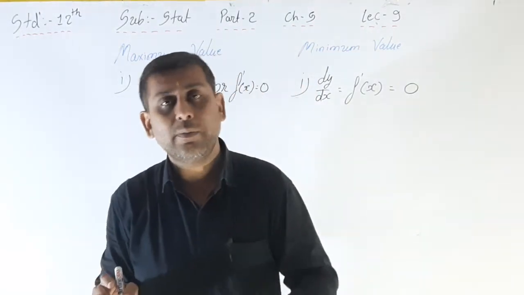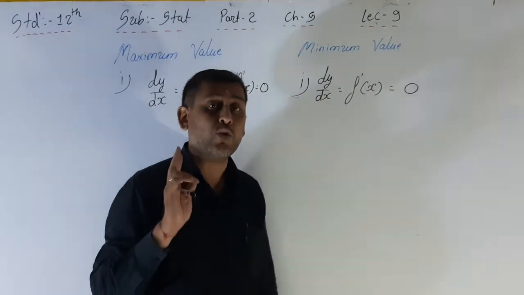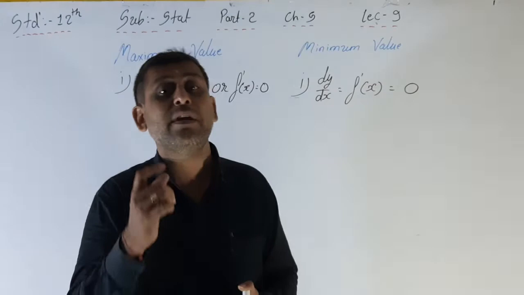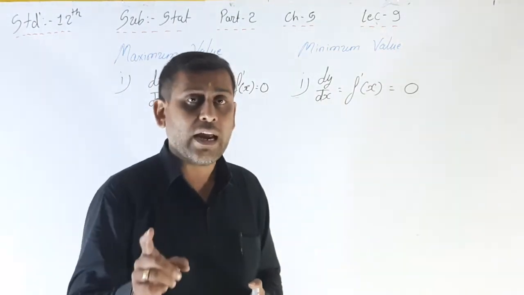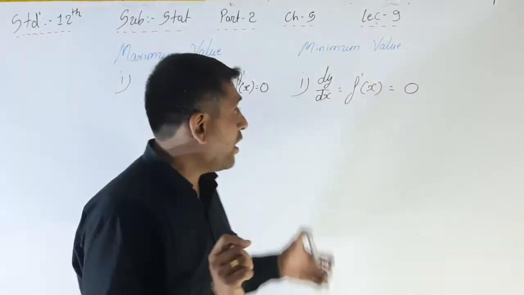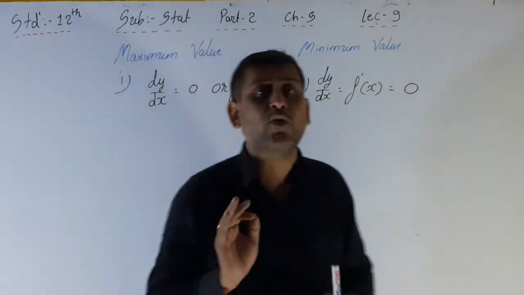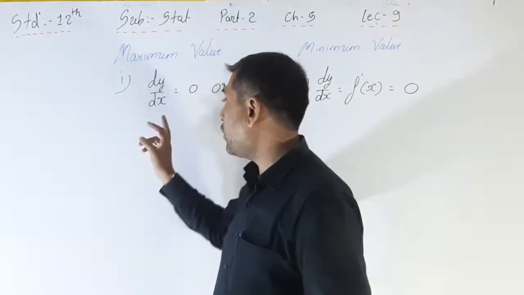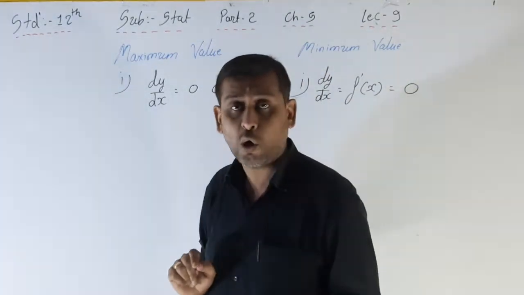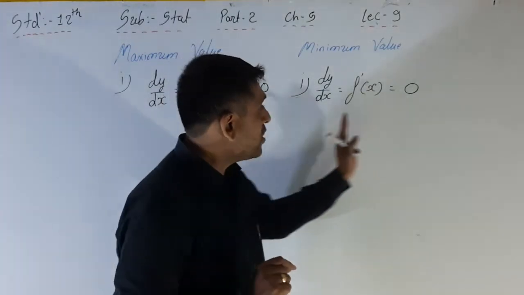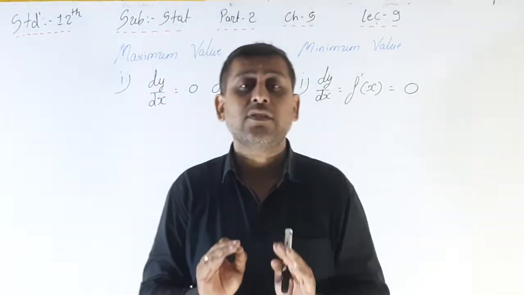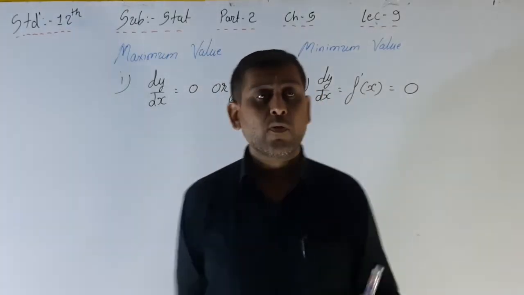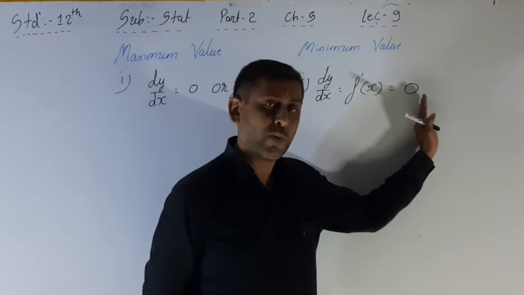After these two rules, I am writing the steps for how to find these maximum and minimum values. But here are the first two conditions which we have to satisfy. The first condition is always dy by dx equal to 0, that is f dash x equal to 0. If the question is given in function format f of x, then you have to write f dash x equal to 0.